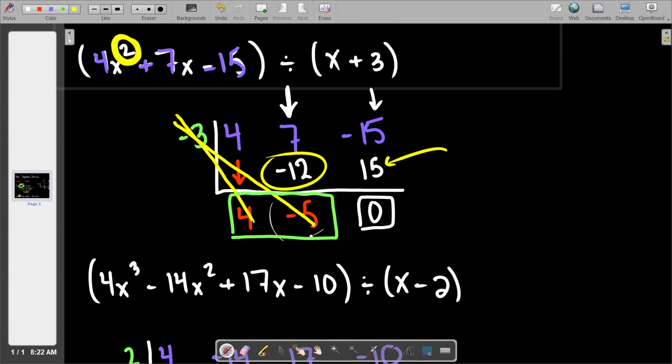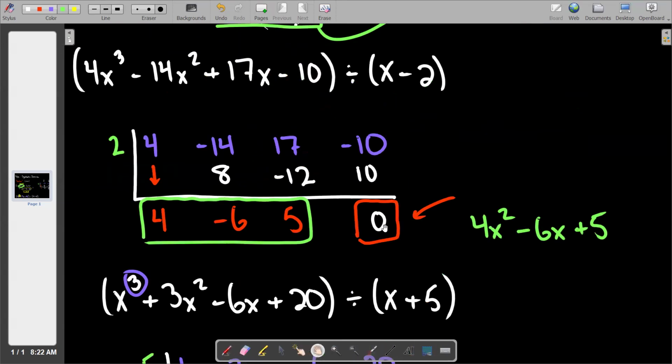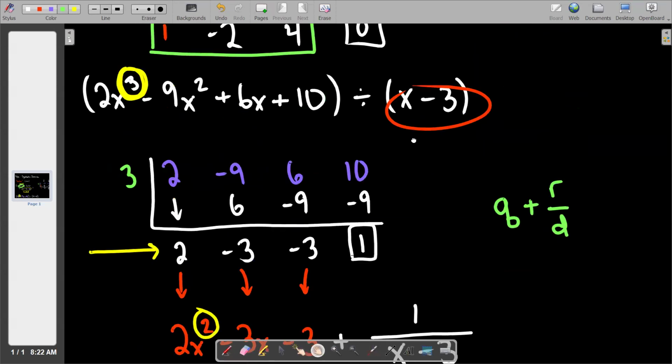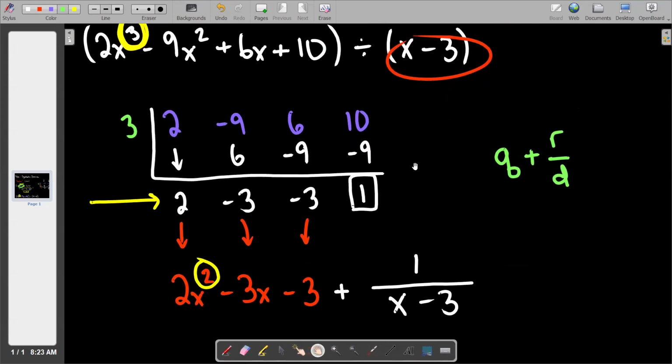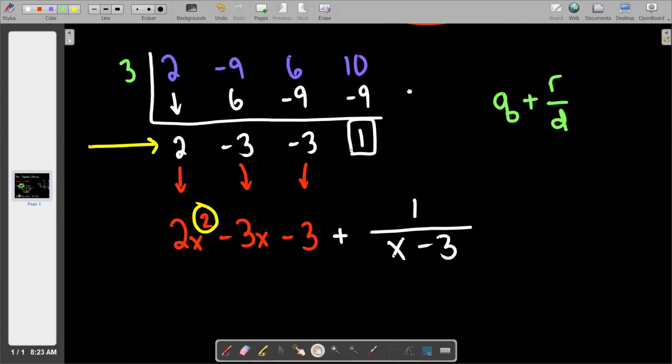So these numbers in this green box imply 4x to the 1 minus 5. So your quotient comes from those numbers that you get along the bottom row. And then the question is, do I have to write a remainder or not? We didn't have to in the first 4 examples, but now we do. Let's go again.